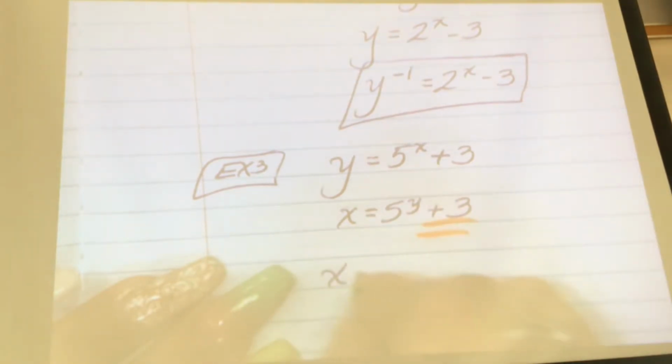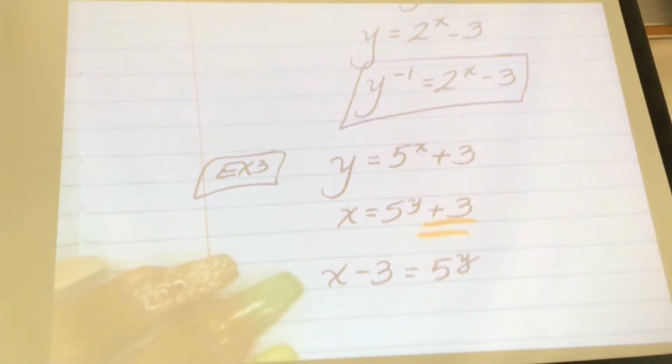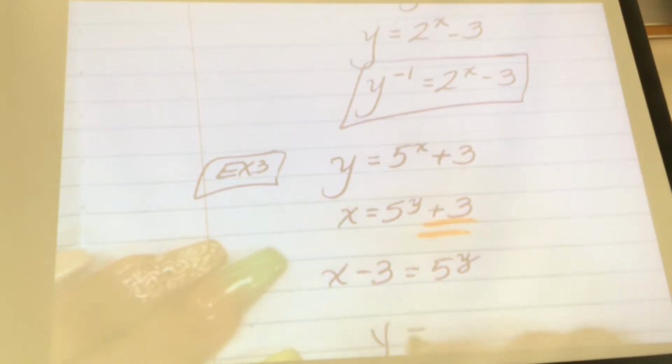So now I have x minus 3 equals 5 to the y. The purpose of a log is to solve for the exponent. What's the exponent here? Which one of these is the exponent? Y. So you know the y is over here.